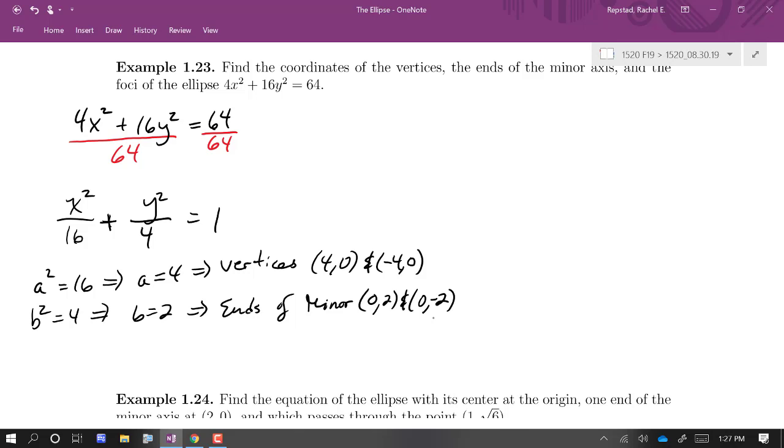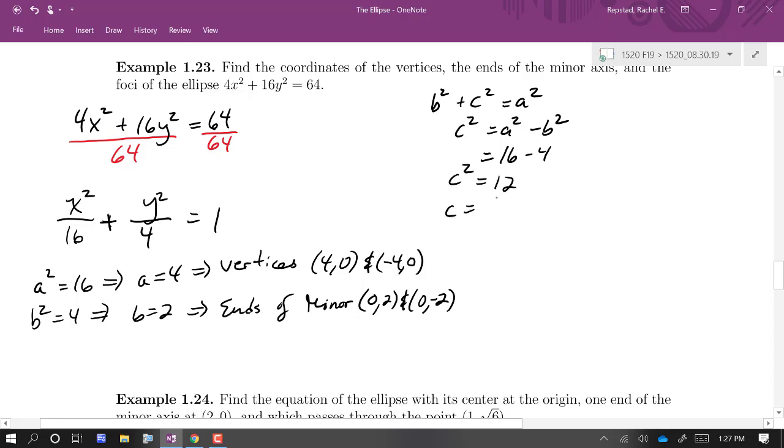And now we need the foci. So let's use that equation again. B squared plus c squared is equal to a squared. So c squared is a squared minus b squared, which is 16 minus 4, 12.